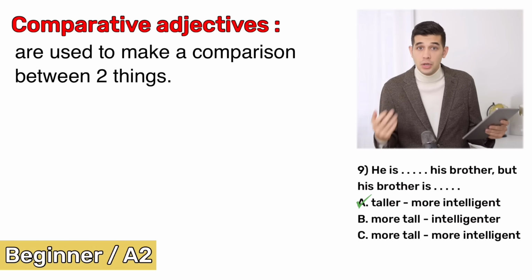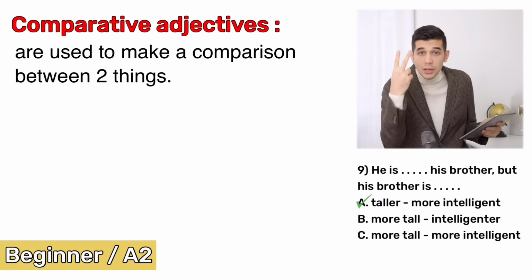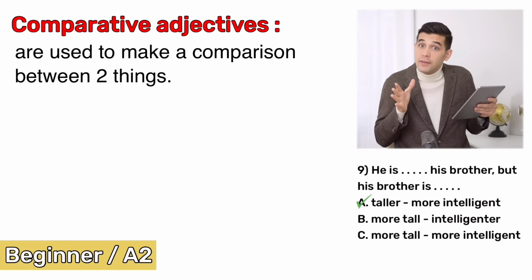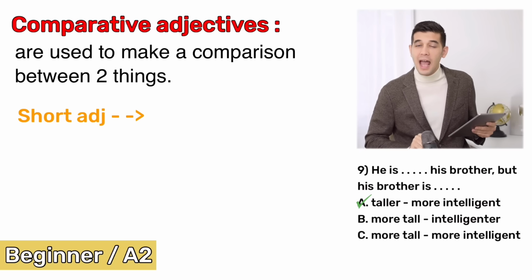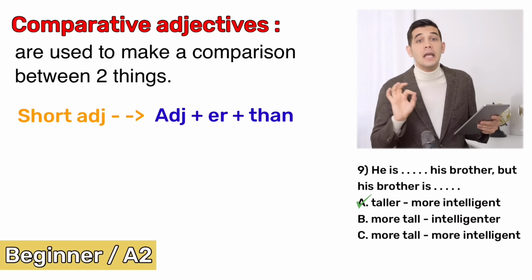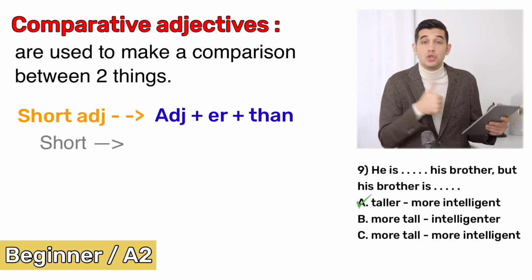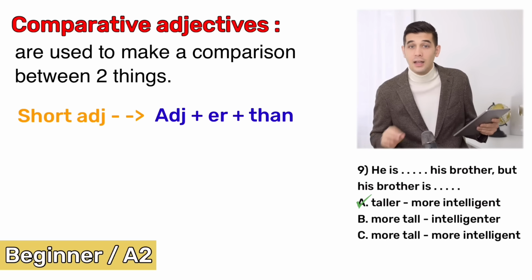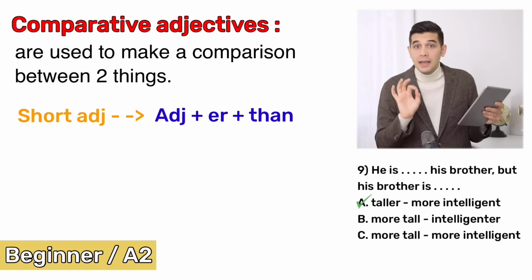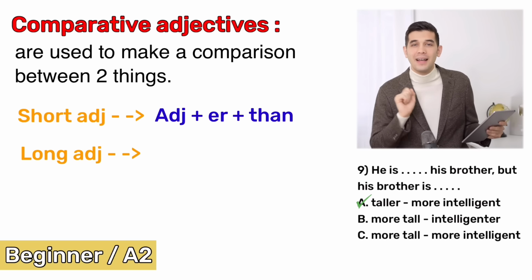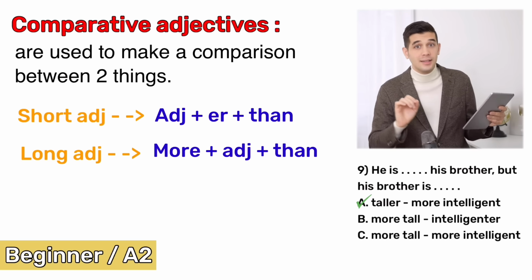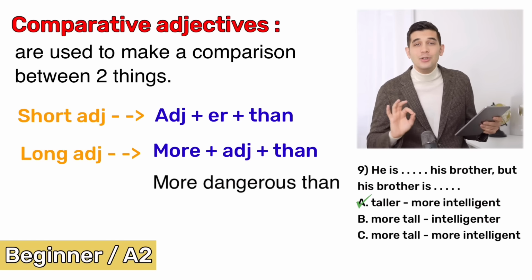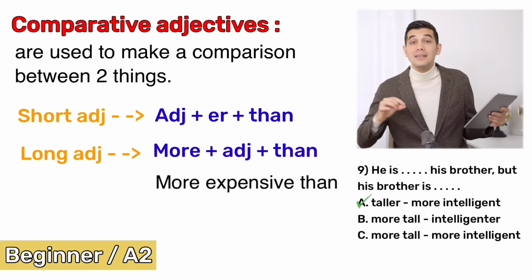Comparative adjectives are used to make a comparison between two things, A and B. Now, if your adjective is short, the comparative adjective would be adjective plus er than. For example, short, shorter than, small, smaller than, tall, taller than, long, longer than. However, if the adjective is long, the comparative adjective is more adjective than. For example, more intelligent than, more dangerous than, more expensive than.